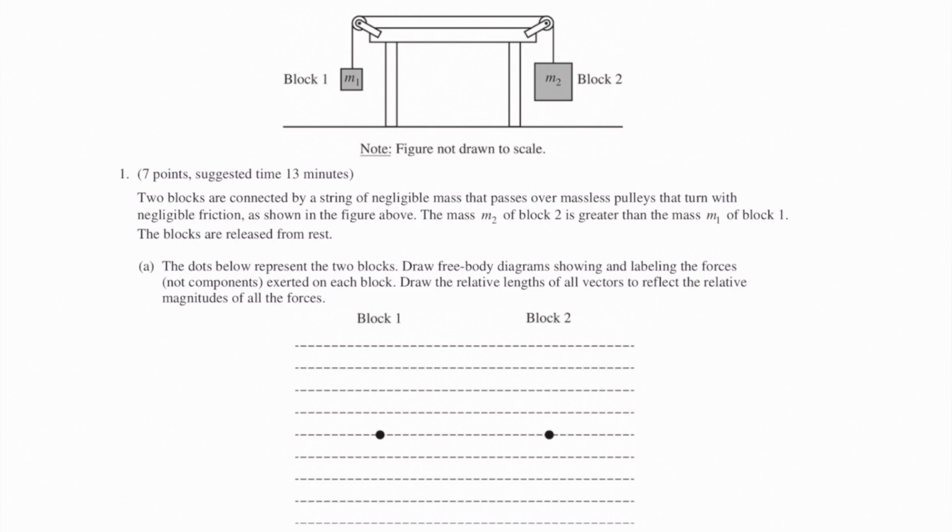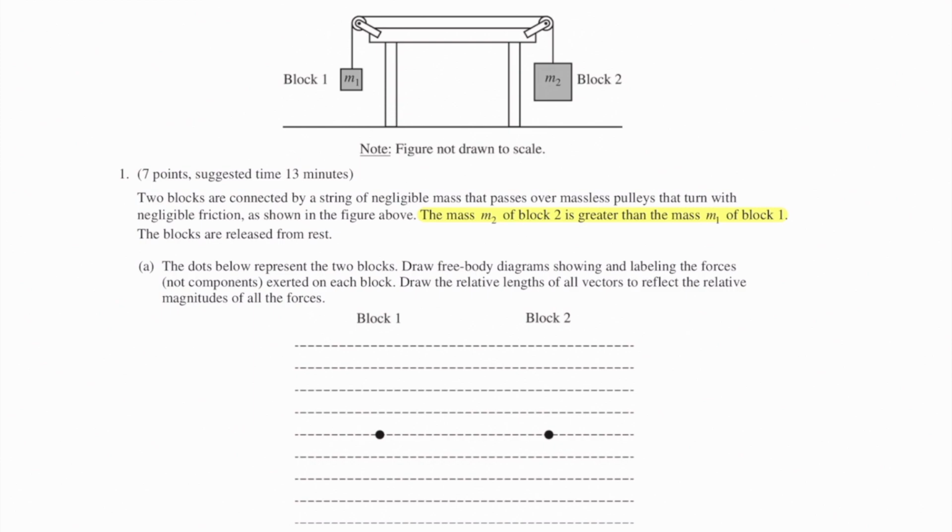As we can see here, the problem states that two blocks are connected by a string of negligible mass that passes over massless pulleys that turn with negligible friction. So the mass of the string and pulley and the friction can be neglected, so we don't care about those. And it's important to note that the mass M2 of block 2 is greater than that of block 1, and the blocks are released from rest.